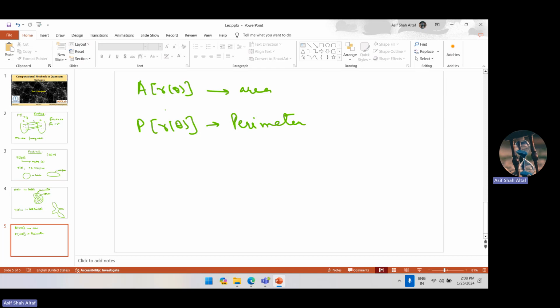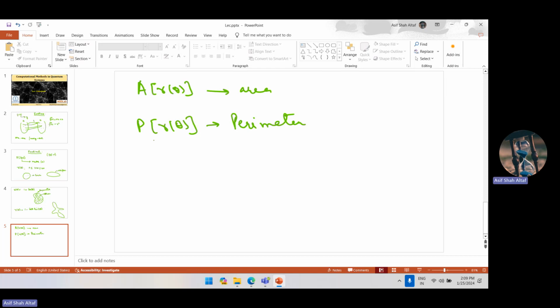A functional takes in a function and assigns to it a particular number for which the functional is designed. Similarly, in density functional theory, we have energy functionals. You give the electron density and it gives out the energy for that particular function.